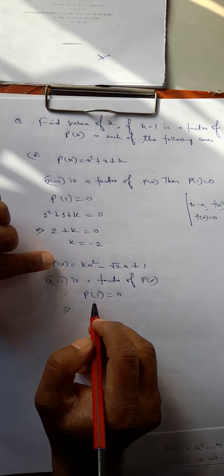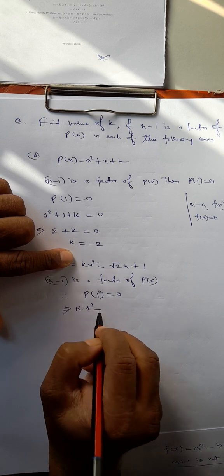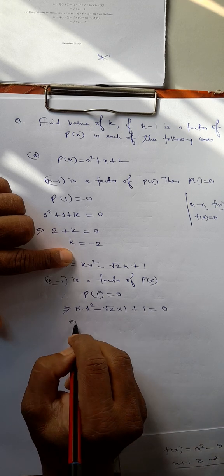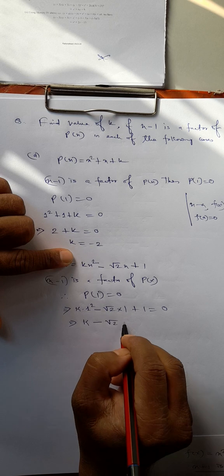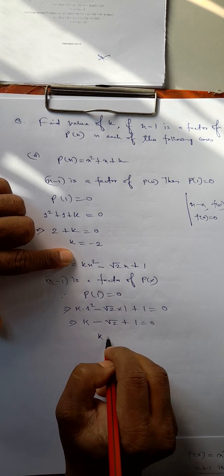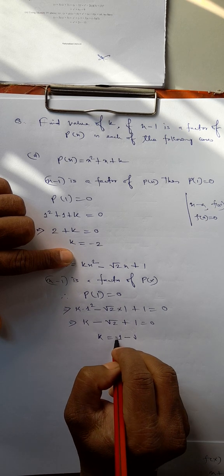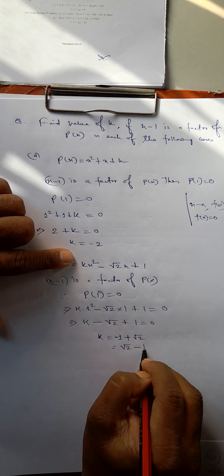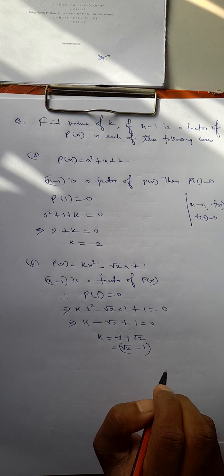Put x equal to 1 here: k into 1 square, minus square root of 2 into 1, plus 1 equal to 0. K into 1 square means k, minus square root of 2 plus 1 equal to 0. So what is k here? k equals square root of 2 minus 1. This is the answer, k.